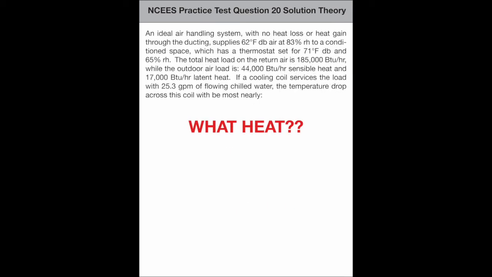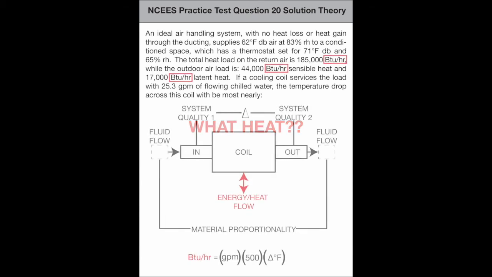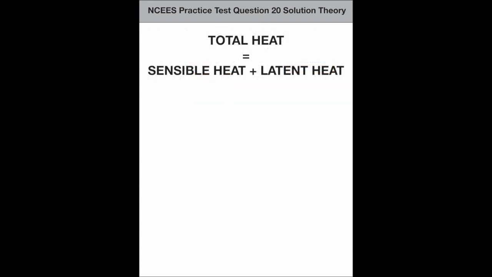What heat? The first and most obvious indicator of what heat is found in the units given, BTU per hour. But you're given 3 types of heat: total, sensible, and latent. Total heat is the sum of sensible and latent heat. You should know this.